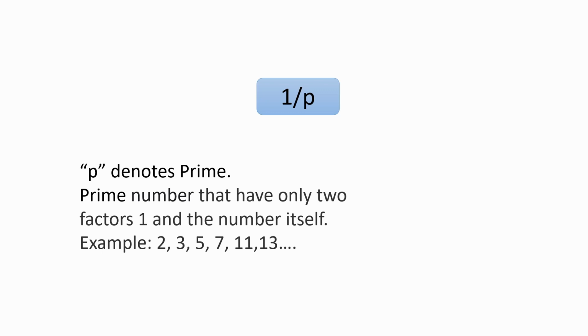That is having 1 and the number itself as the divisor. There is no other divisor. Say for example, 2 has 1 and 2 as divisors. 3, 1 and 3. 5, 1 and 5. 7, 1 and 7, like this.